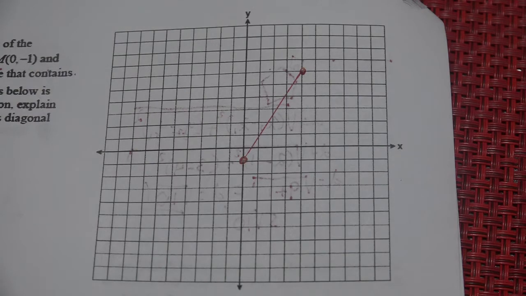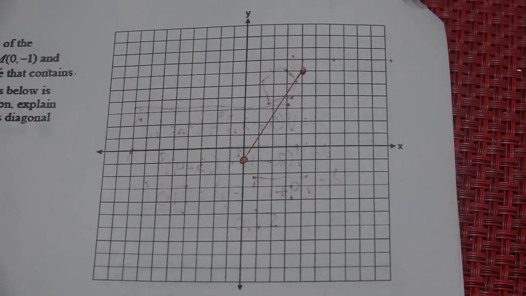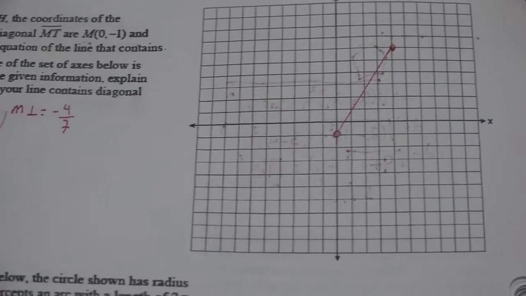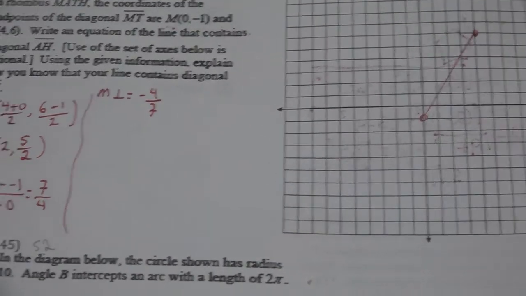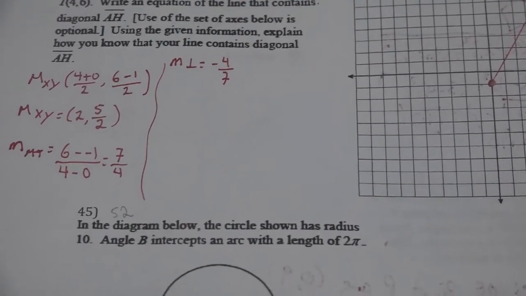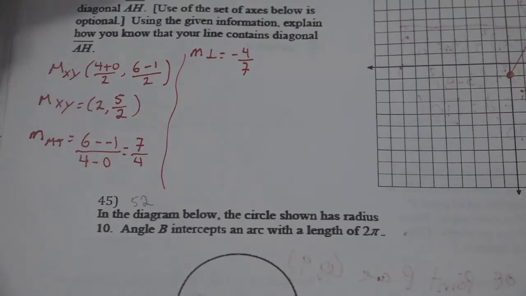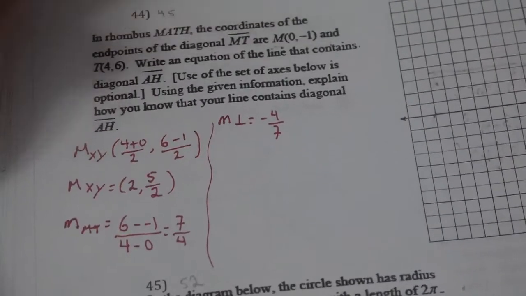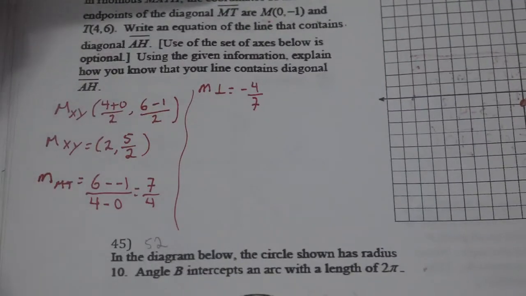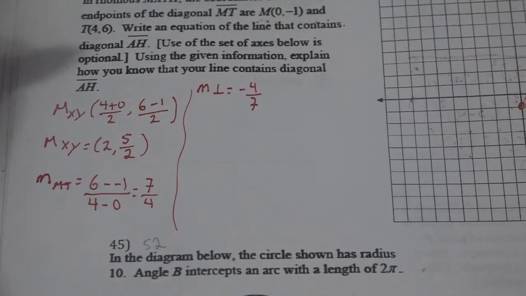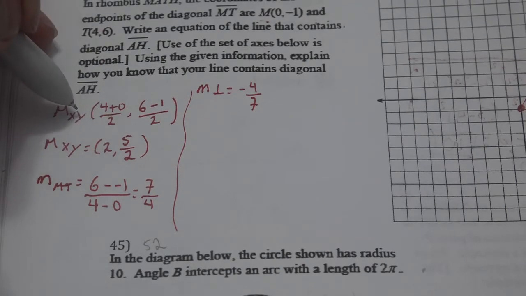Okay then. So let me actually do this algebraically because I'm having trouble visualizing the graph. Since I know that diagonals bisect each other, I found the midpoint between M and T, between these two points.